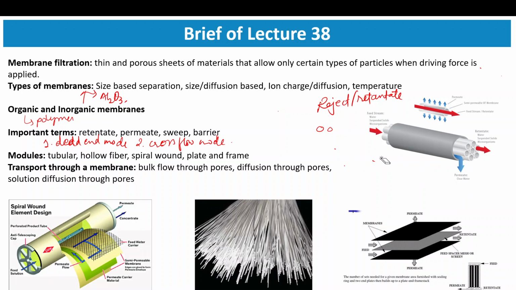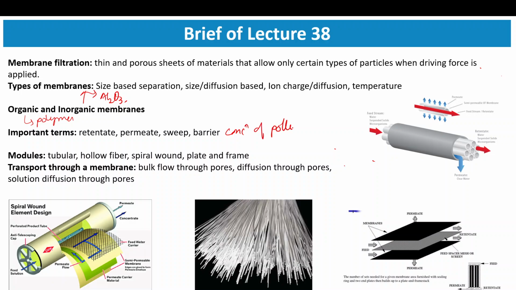So now the reject stream which is coming out will have more pollutant because the pollutant has not gone anywhere, but the amount of water which was there has reduced. Okay, so concentration of pollutant is much higher than feed in the retentate, right?